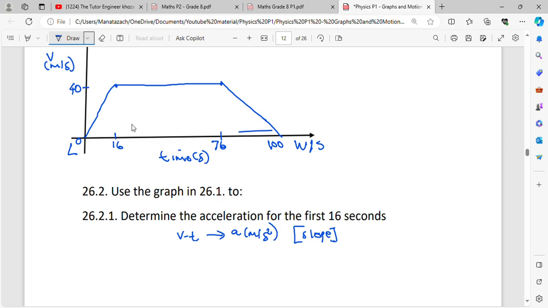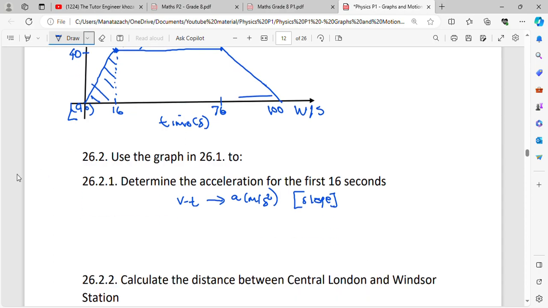Even though we're not calculating the area, we're going to calculate the slope. So we have to identify the coordinate here, which is 16 and 40, and we know the origin is 0 and 0. To calculate the acceleration, we're going to say v2 minus v1 divided by t2 minus t1.